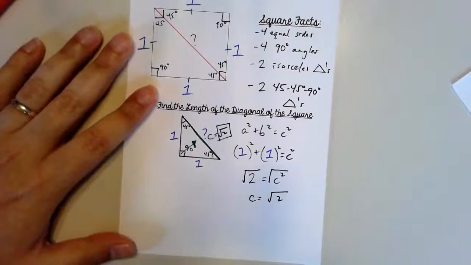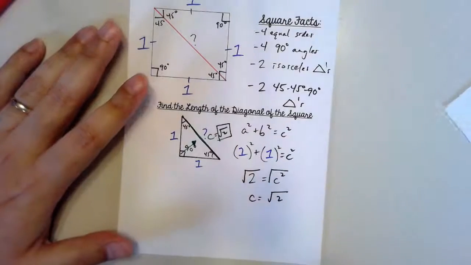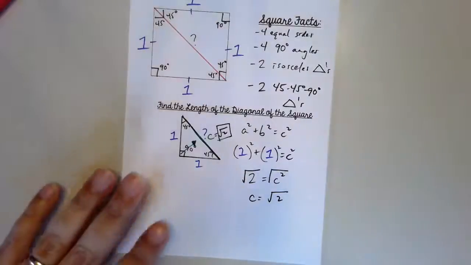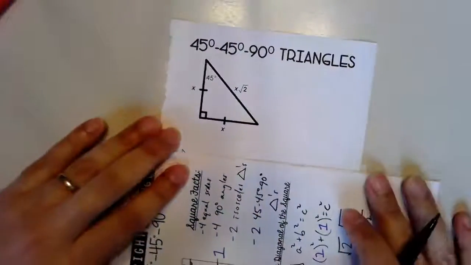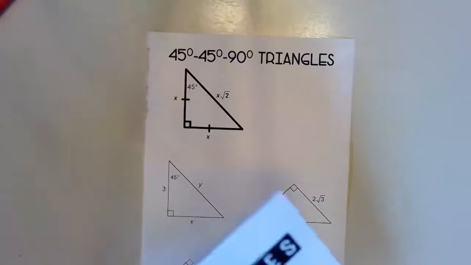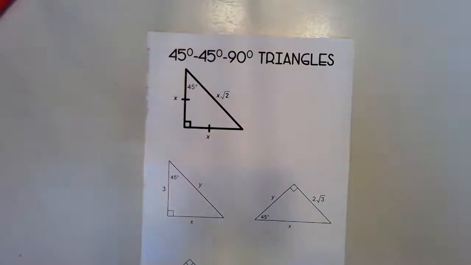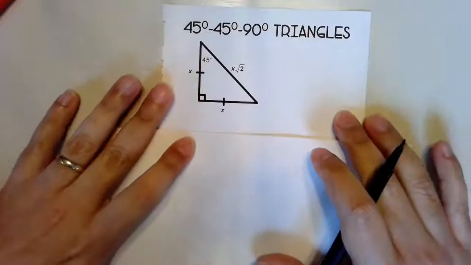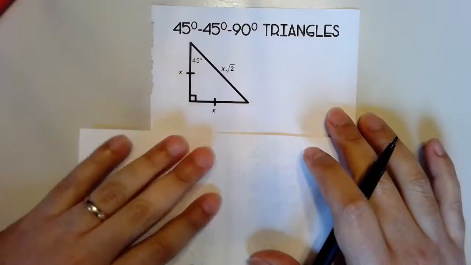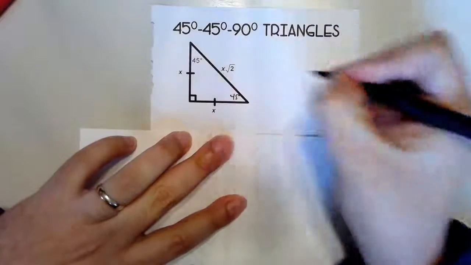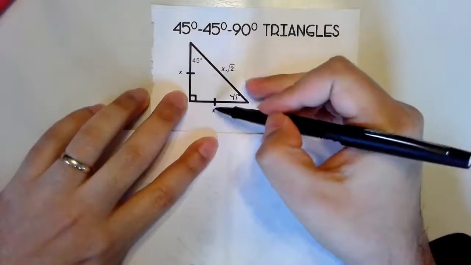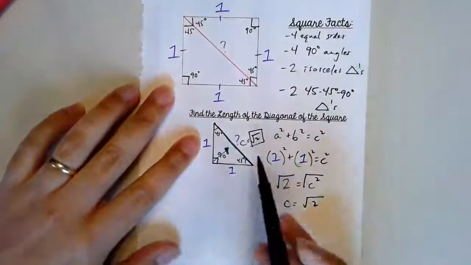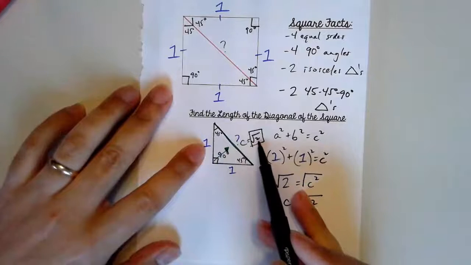So now what we're noticing here is that there's a relationship going on. What you see here is that 45, 45, 90 are always going to be isosceles triangles, because two of the angles are always going to be the same. And then what we saw with the last problem was that the long side is always going to be root 2.